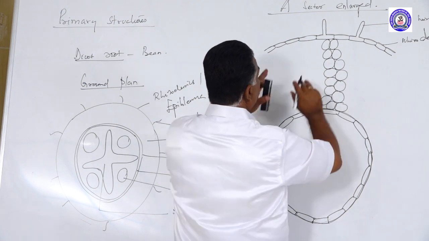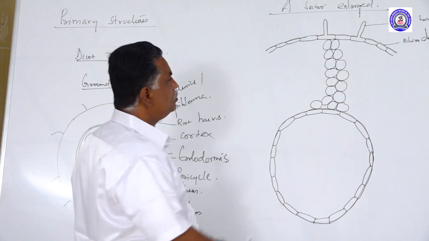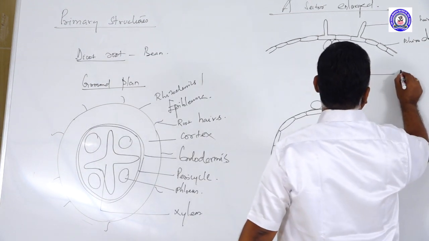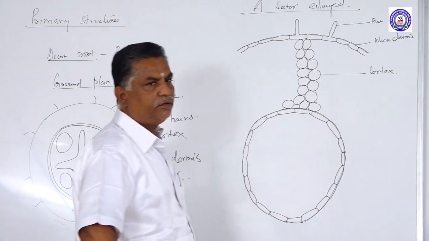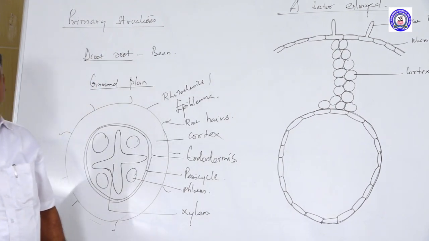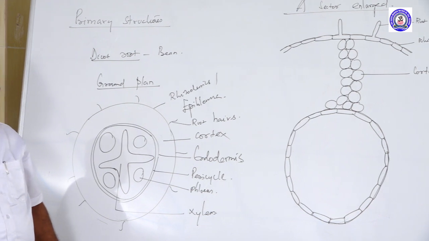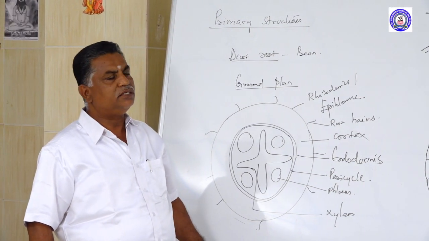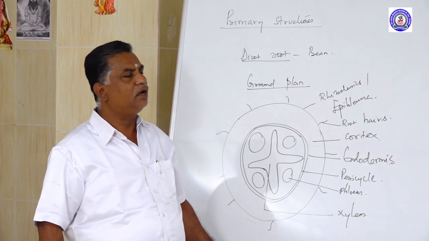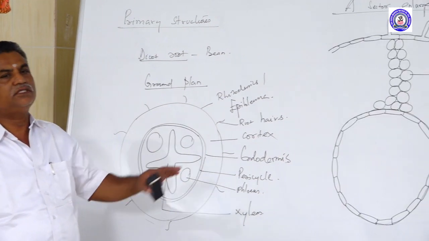You see, the layers should not overlap with each other. So this is called the cortex. In case of root, cortex is made up of parenchymatous cells arranged with a lot of intercellular spaces, and they are variously shaped. Oval, spherical, like that.